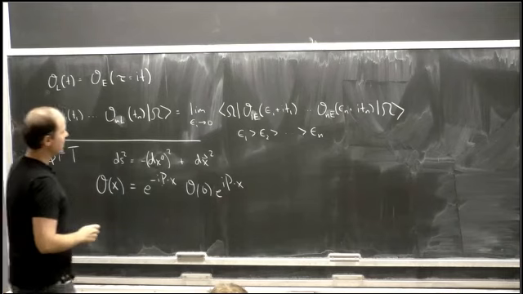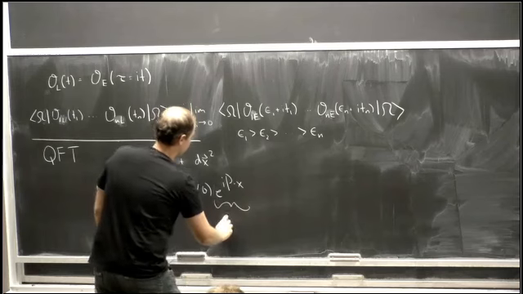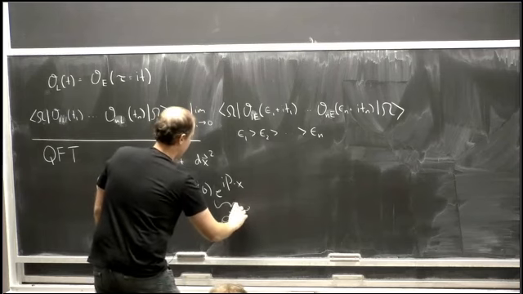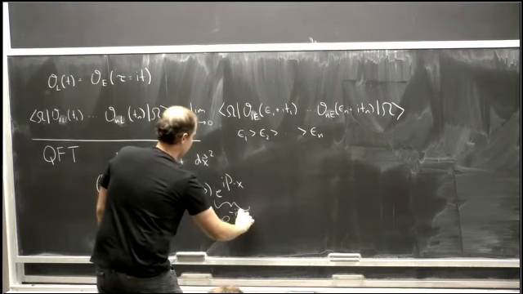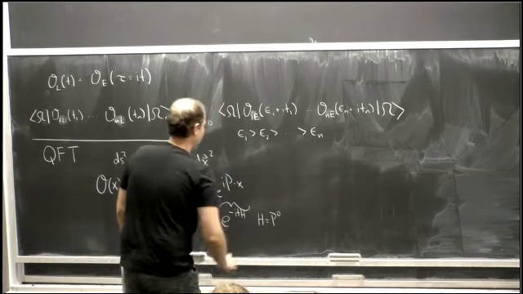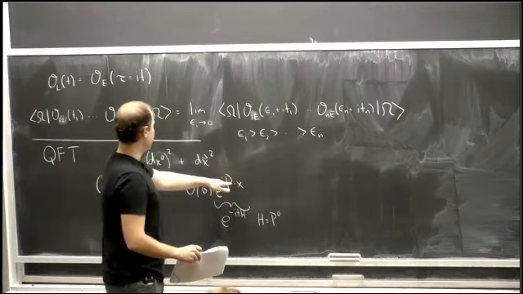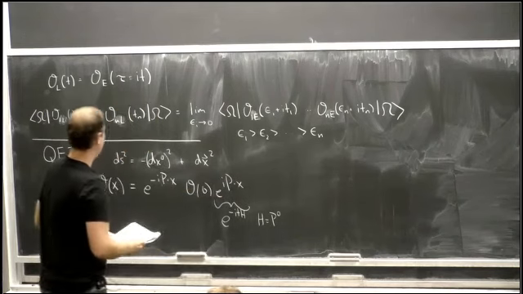And if you're confused about signs, the signs are fixed by requiring that the t dependence of this term be e to the minus i t H, where H equals P0. And remember that minus i was dictated to us by Schrodinger 100 years ago. So that's why we have a plus sign here and a minus sign there.